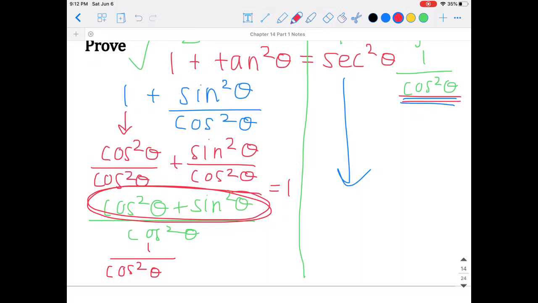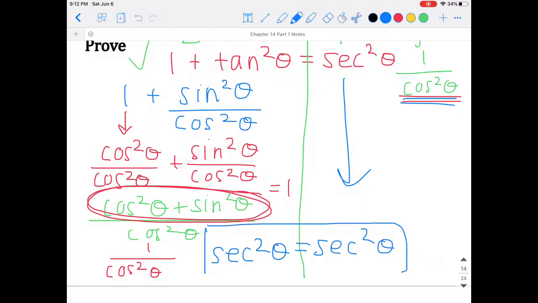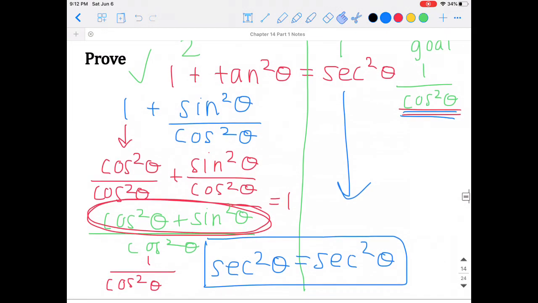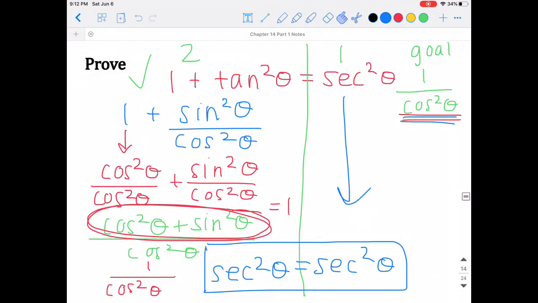So our final step, we can rewrite this as secant squared of theta is equal to secant squared of theta, and now we're finished. We have proven, using our Pythagorean identities, that 1 plus tangent squared of theta is equal to secant squared of theta.